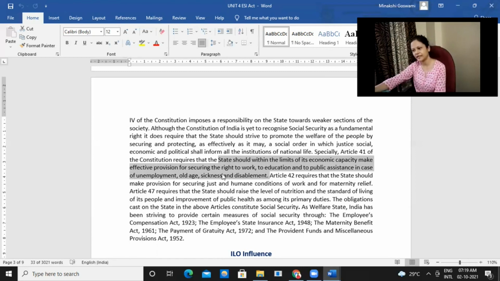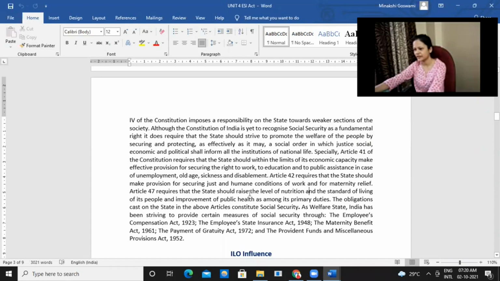Like if we see, there is a concept, right? MGNREGA, there is this scheme, right? Have you seen that? Mahatma Gandhi National Rural Employment Guarantee Scheme. Yeah, MGNREGA.